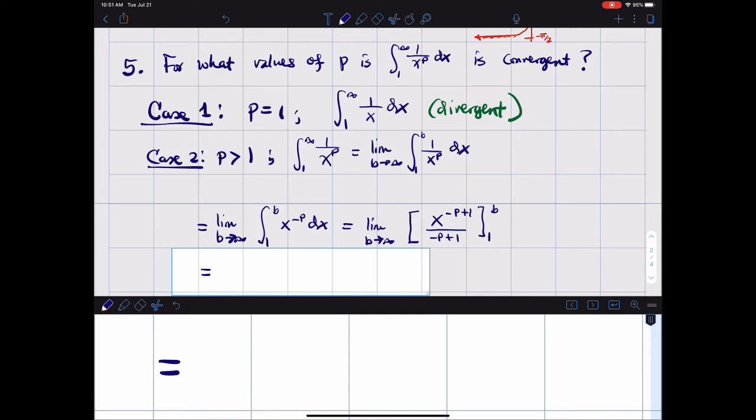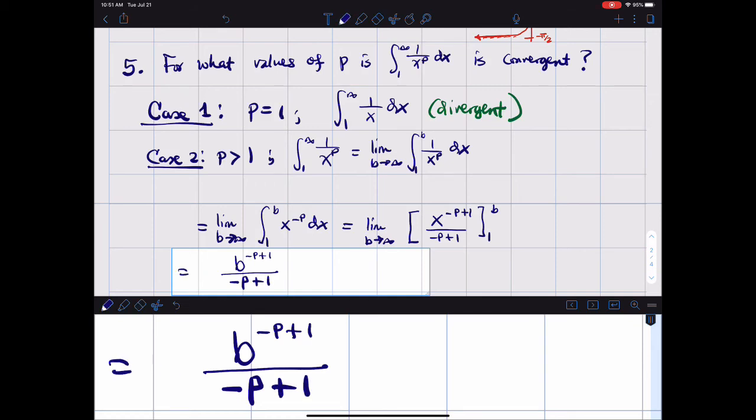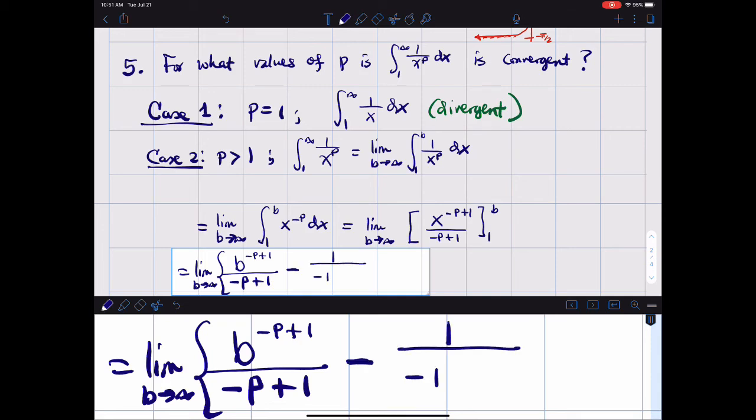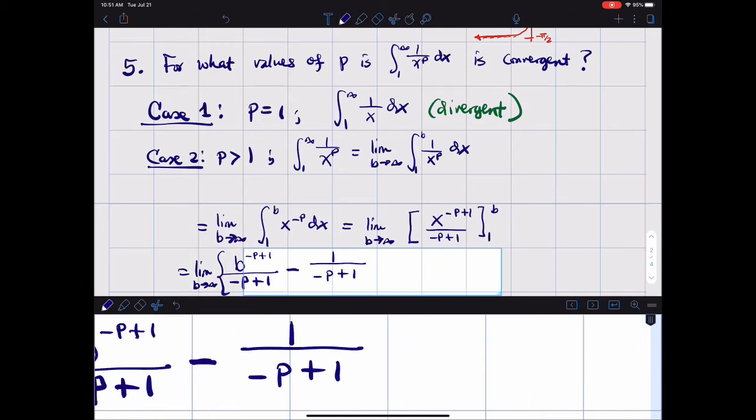So if you plug in b for x, you get b to the power of negative p plus 1 over negative p plus 1. You've got to keep track of what we're doing because it becomes a little shaky here. So that's when you plug in b. Let's not forget our limit. And then you plug in 1. When you plug in 1, you get 1 over negative p plus 1.